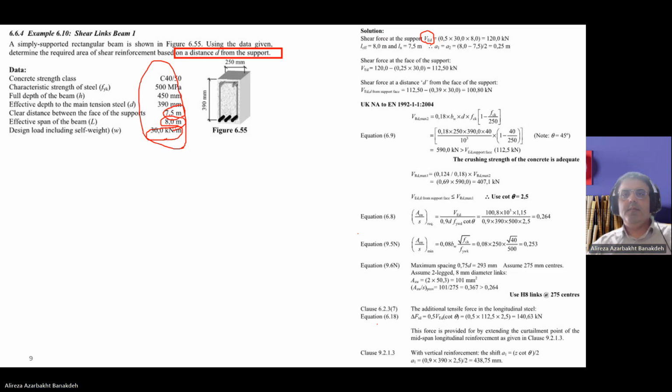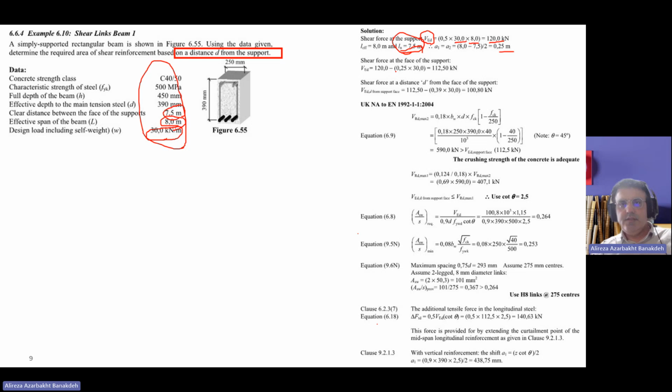the shear force is calculated based on 8 meter, which gives you 120 kilonewton, but the effective length is 50 centimeter less than the 8 meter, which means that you have 25 centimeter in each end laying down on the support.